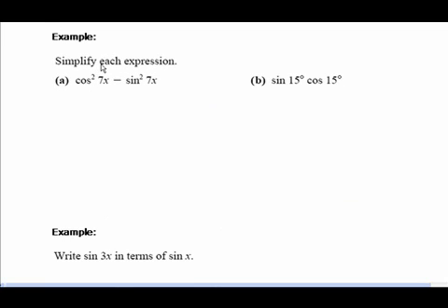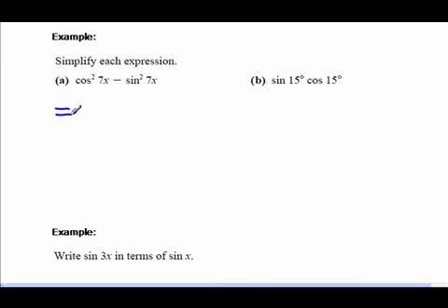Directions say simplify each expression, and we'll use our double angle identities for A and B. We recognize cosine squared 7x minus sine squared 7x. The purpose of this is they're hoping that you recognize cosine squared minus sine squared as being one of your three double angle identities.